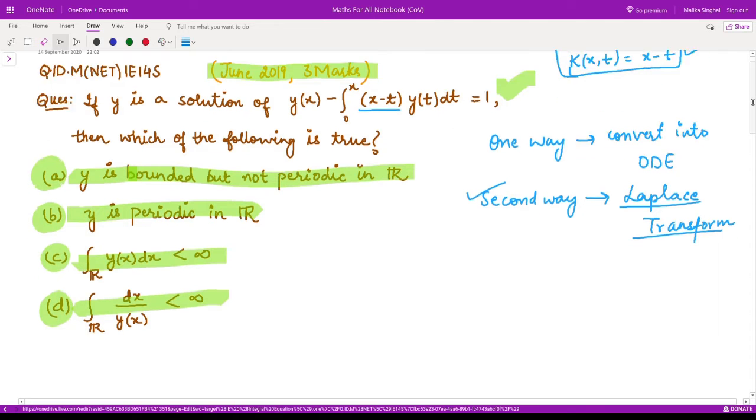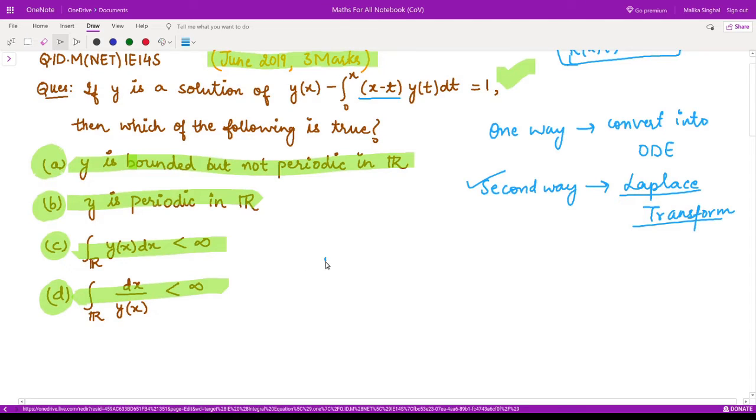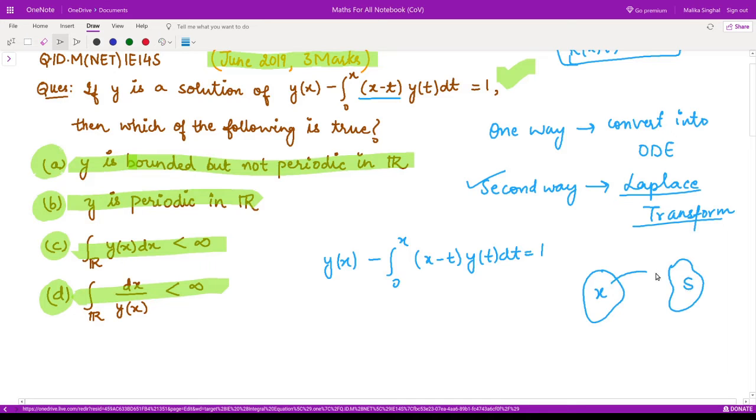So let us proceed. We are given y of x minus the integration from 0 to x of (x minus t) y(t) dt is equal to 1. Now let us take the Laplace transform. My domain is in the variable x and my range is in the variable s, and I am applying the operator L, the Laplace transform from this domain to this domain.